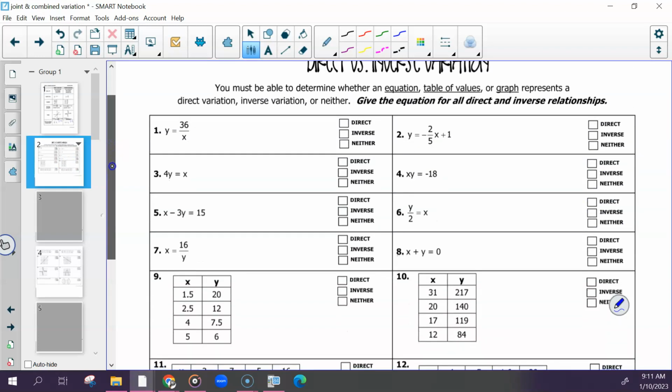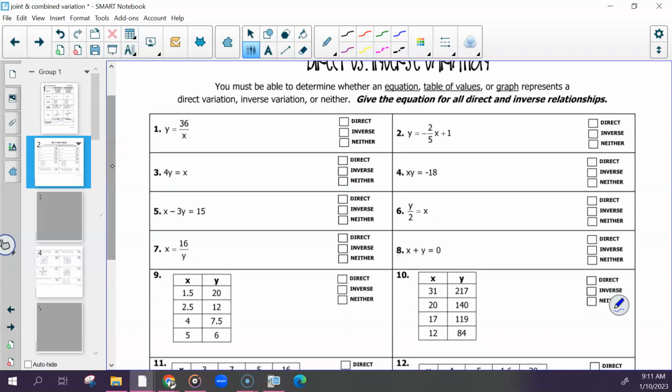On the next page, we're going to just go through some of these so you can recall, is this direct, is this inverse, or is it a neither case? With number 1, look at how that looks, refer back to your notes if need be, try to get it in your mind of what those look like without looking at your notes.